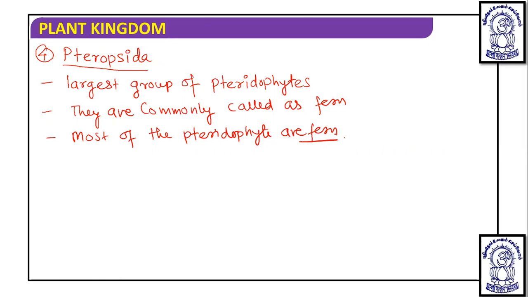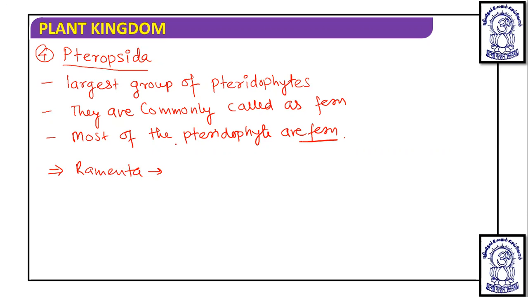Now if we talk about them, in some examples of this plant you will find the presence of some multicellular hairs. One important structure found in some of the pteridophytes or ferns is known as ramenta.